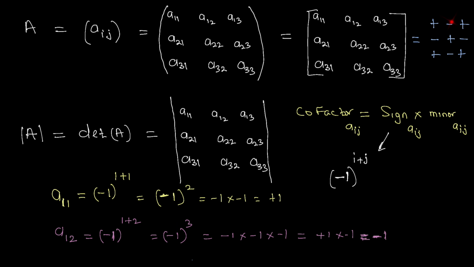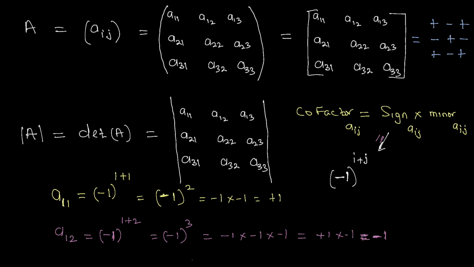But this one, you see, A13 will be -1 to the power 4, and that will be positive. All the even powers are positive, and all the odd powers are negative. -1 to the power 3 is negative. -1 to the power 4 is positive. -1 to the power 5 is odd, that's negative. -1 to the power 6 is positive. So that's how we get those signs using this formula here.